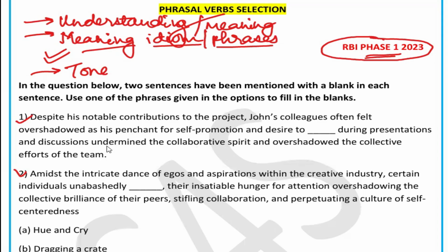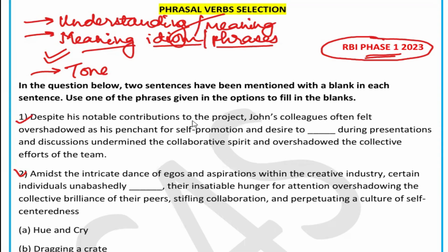Now, what you have to do, first of all, as I said, is understand what the sentence is trying to tell you. Let's once again read it so that you can quickly understand. Despite his notable contributions to the project means however much contribution he has made to the project. Notable means which is noticed.